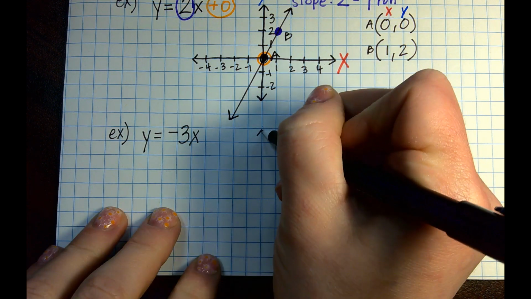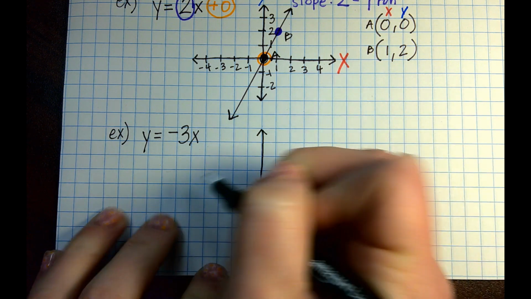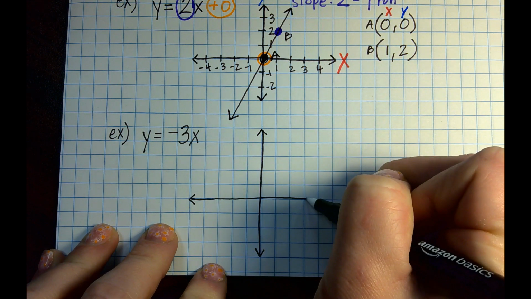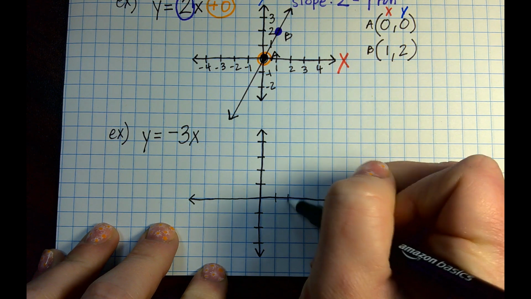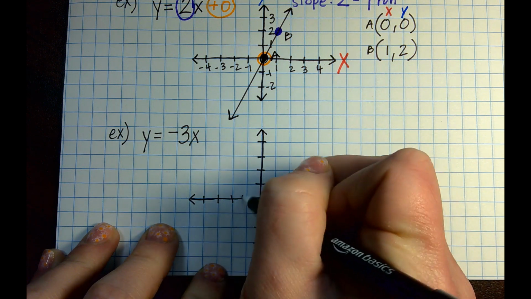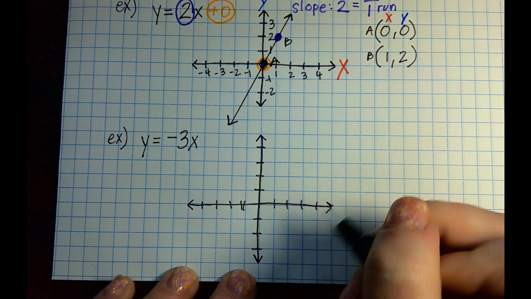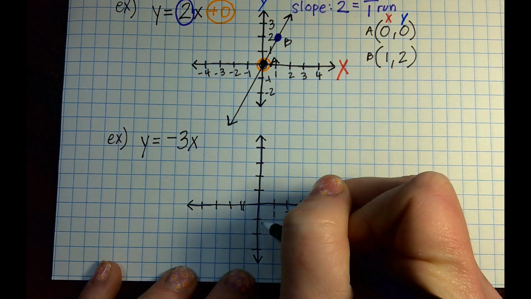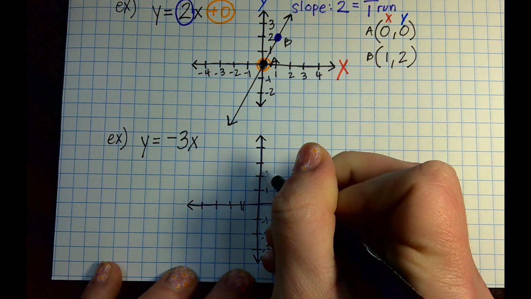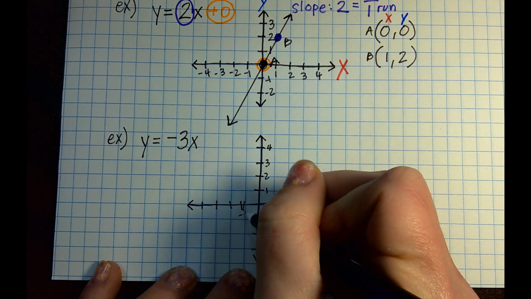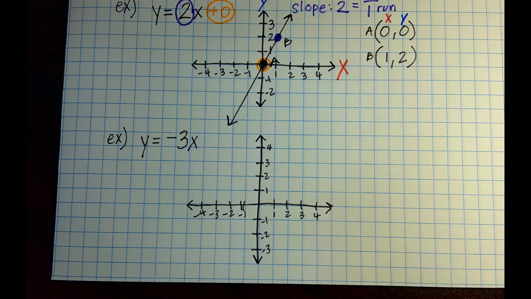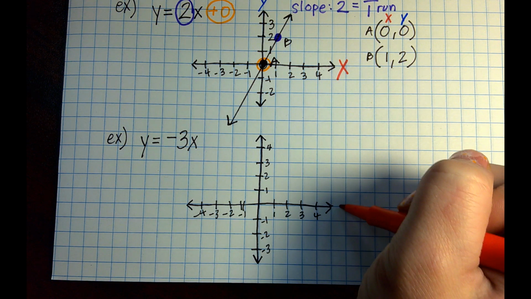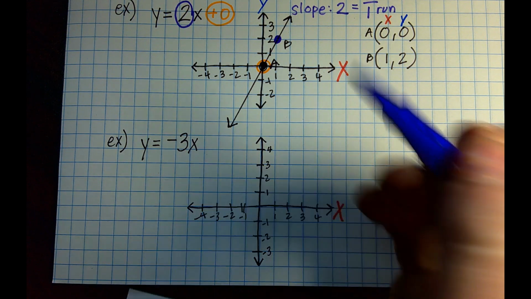And I'll draw my graph. And there is no reason that I have 2 dashes on x is -1. I just messed up, so ignore that.